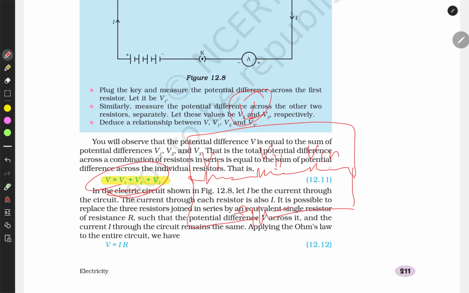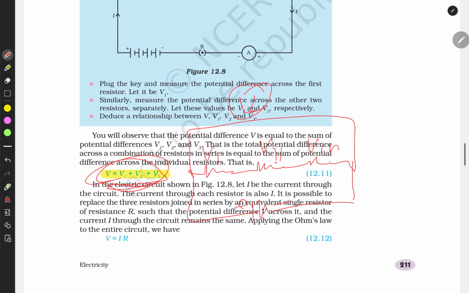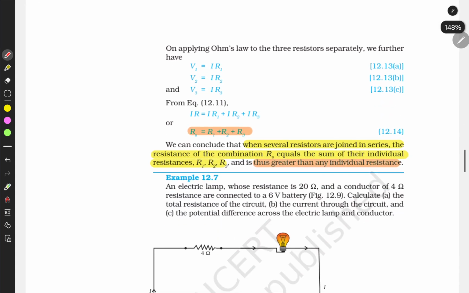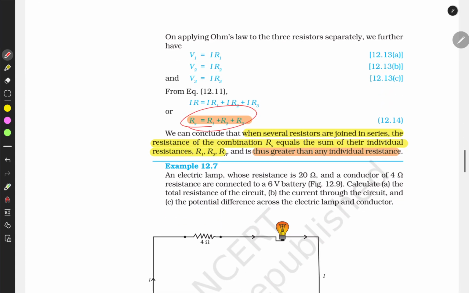In series, it is the arithmetical sum of these. And in case of parallel, the resistance will be different. When several resistors are joined in series, the resistance of the combination is equal to the sum of their individual resistances. So the total resistance will equal the sum of the individual resistances, thus greater than any individual resistor.